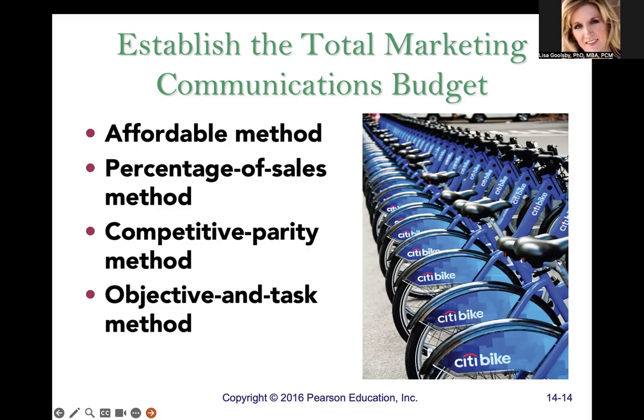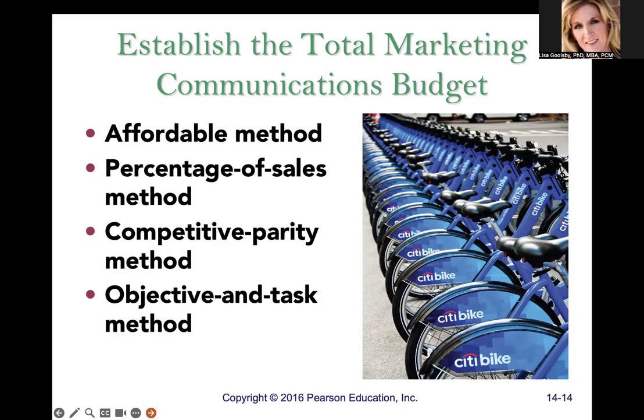Now, that assumes that the only thing that helped with sales was your messaging, your promotional strategies, and that's not necessarily true, but percent of sales is a very popular method that a lot of companies use. You may do a competitive parity method, which says our competitor spent this much, therefore we're going to spend that same amount of money.